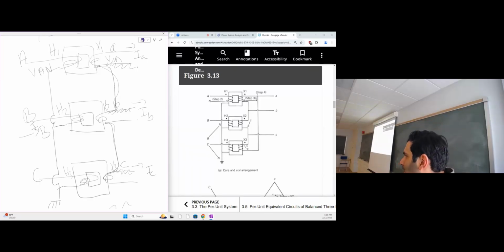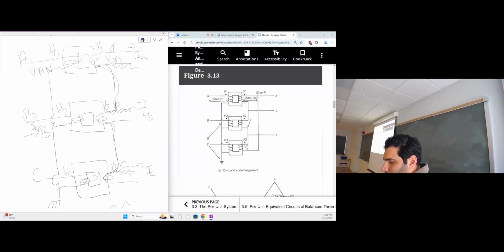This is important to see because sometimes you'll be given figures, but they don't mention their connectivity. You need to figure out whether Y or delta connection. There's no simpler way to understand that other than following the lines. So let me go to step 4, where they have written step 4. You'll see a winding starting from A, small a, which means this is the secondary phase.